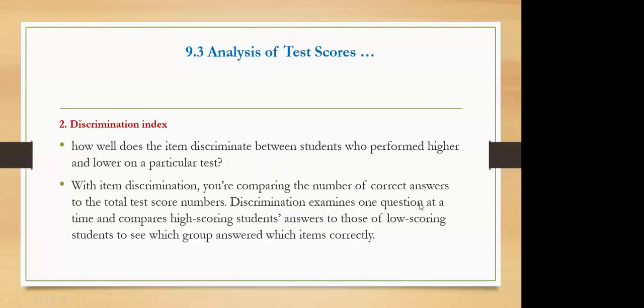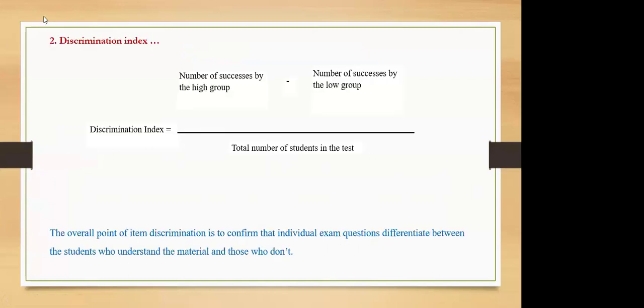Discrimination examines one question at a time and compares high-scoring students' answers with low-scoring students' answers. You can understand it by looking at this formula: discrimination index equals the number of successes by the high group, where the high group means students who obtained higher marks.